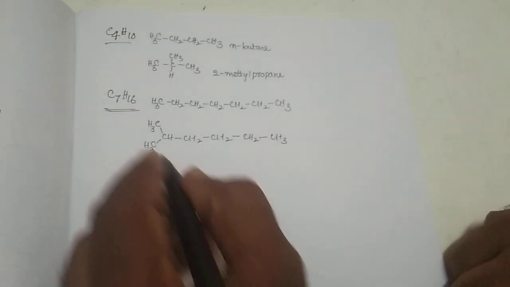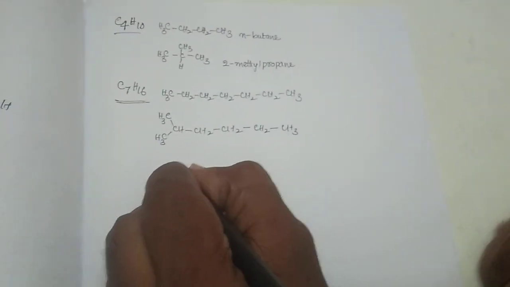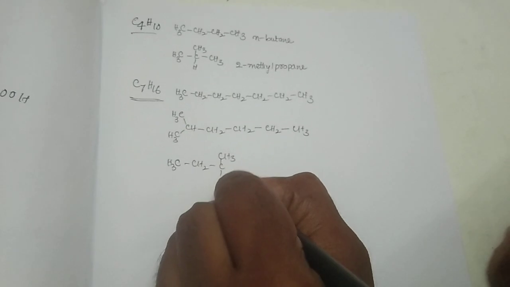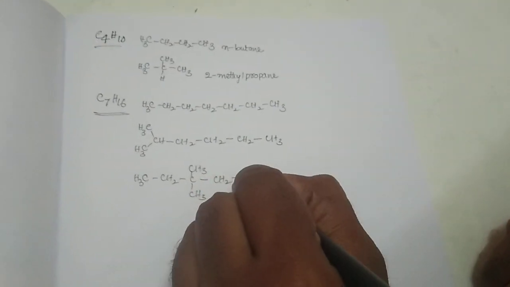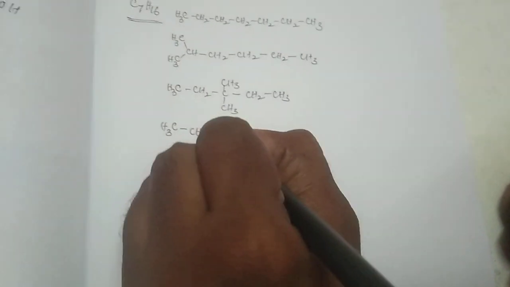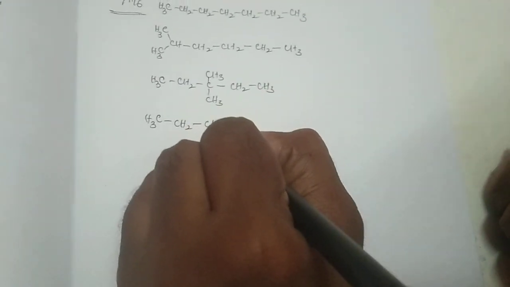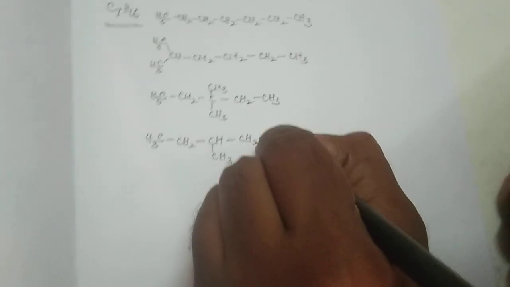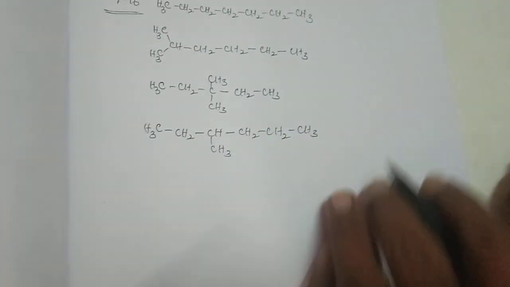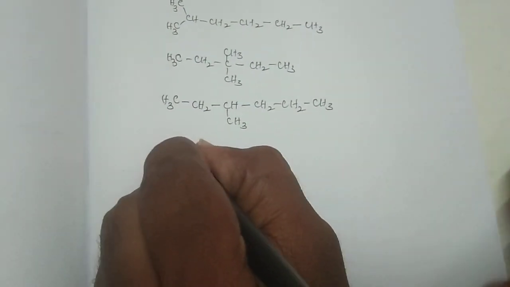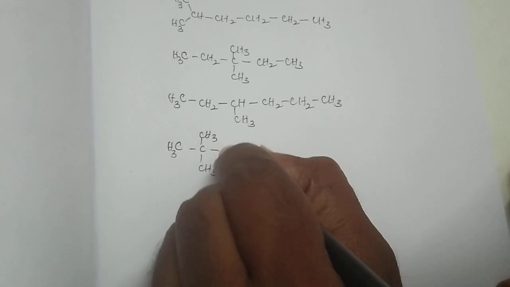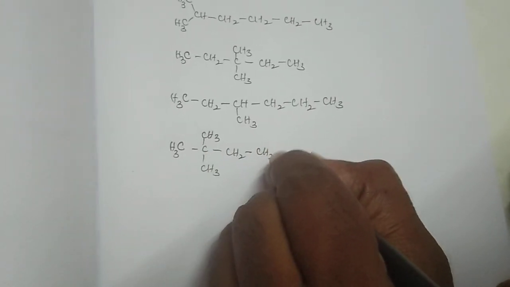This is another structure, and you can also write CH3, CH2, CH, CH3, CH2, CH3, and another chain is also possible, CH3, CH3, CH2, CH2, CH3.